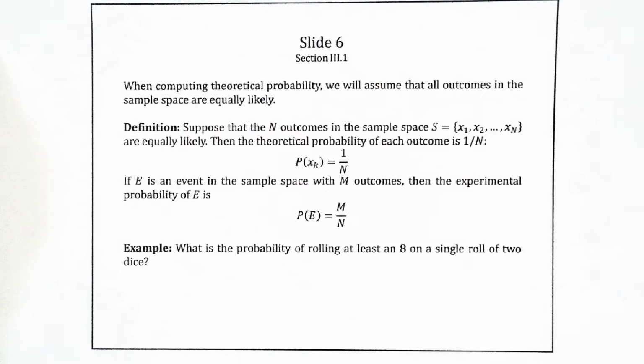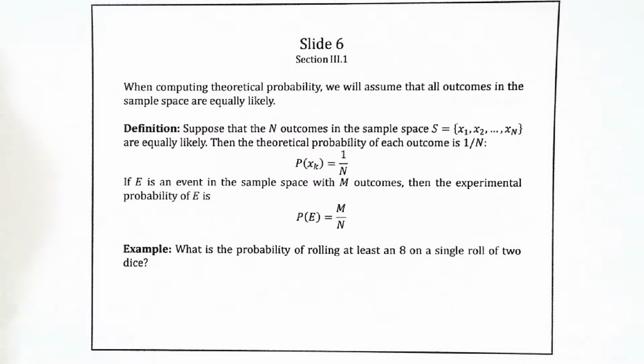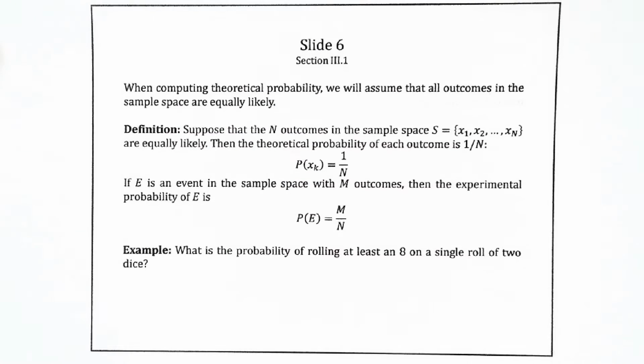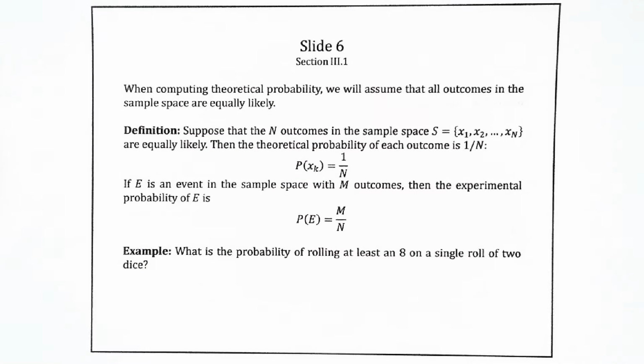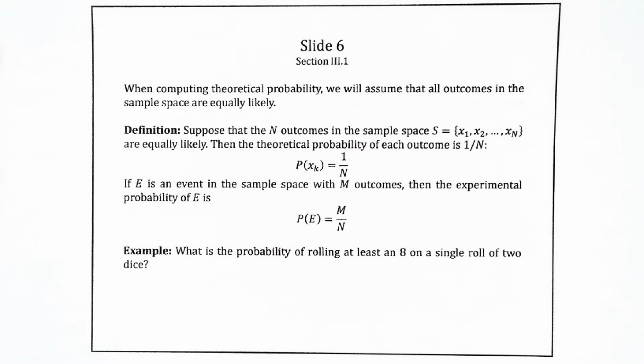So when we compute theoretical probability, this is something we really care about. So remember, theoretical probability is when you don't use an experiment to determine how likely something is. You use some kind of counting beforehand to figure out how likely an outcome or an event is.